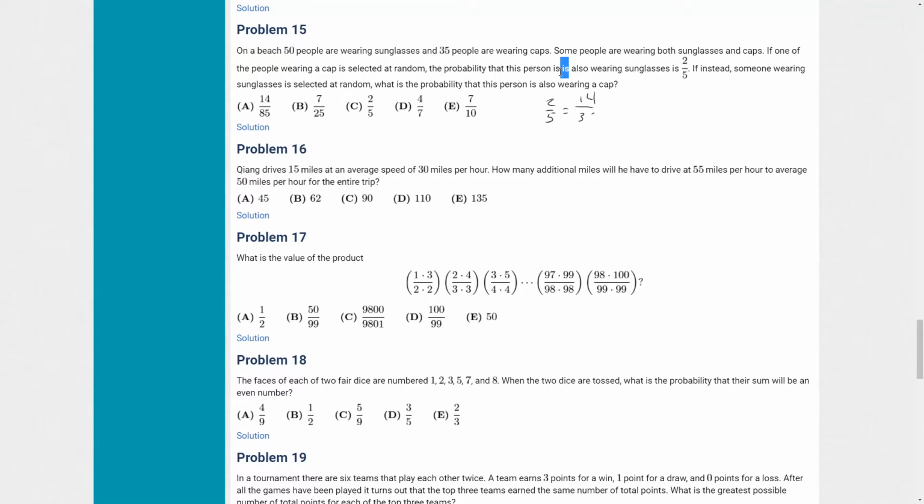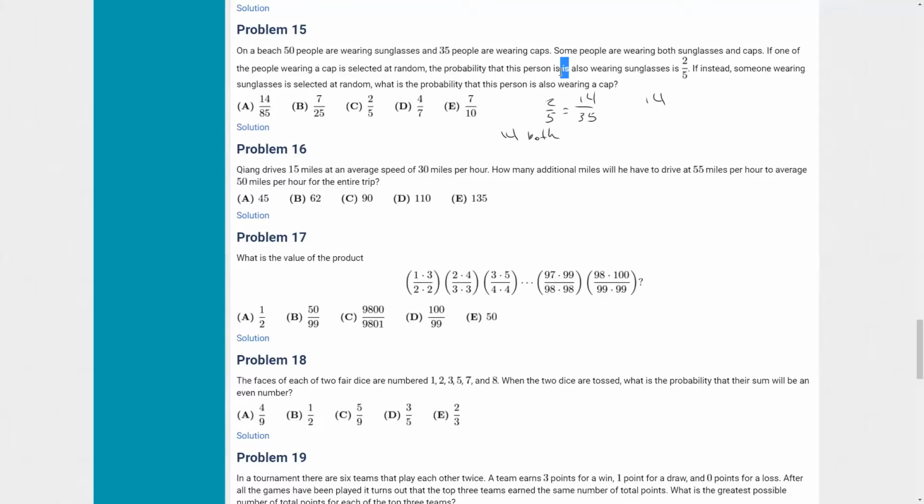So that means that 2/5 is equal to, multiplying each of these by 7, 14/35. So that tells us very clearly 14 people are also wearing sunglasses. 35 are wearing caps, and of those 35, 14 are also wearing sunglasses. So 14 are doing both.